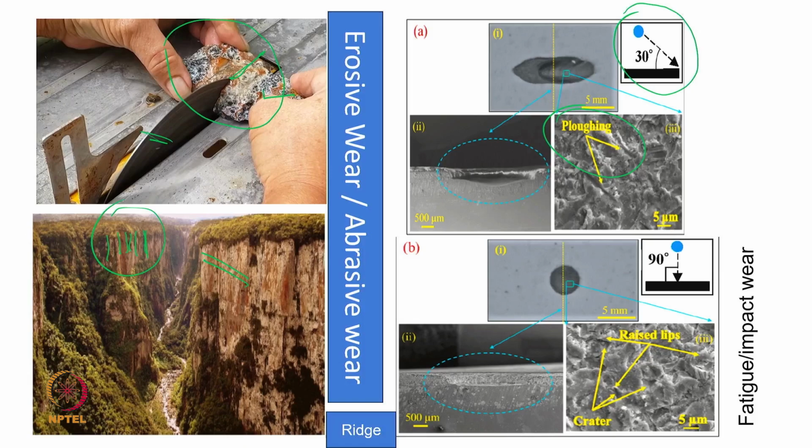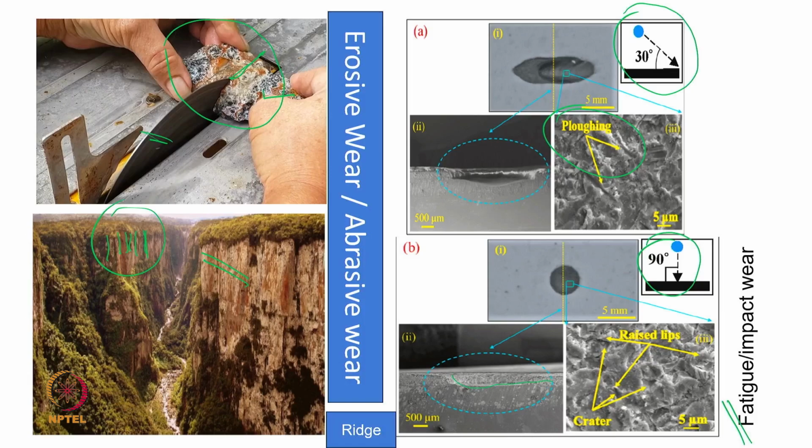It is a building up of an edge, or some more plastic deformation that will occur. In the case where the angle is 90 degrees, this is what we call fatigue wear, the reason being the pits will be much bigger in size, as shown here. In this case pit formation will be there, and even though the area is smaller, the depth will be greater.